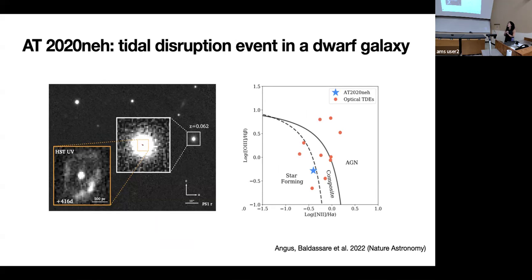There's a Hubble Space Telescope image of the center of that galaxy, where you can see the bright source at the center and some nuclear star formation around it as well. And then on the right is showing that this galaxy was formerly identified as just having star formation based on its optical spectroscopy.